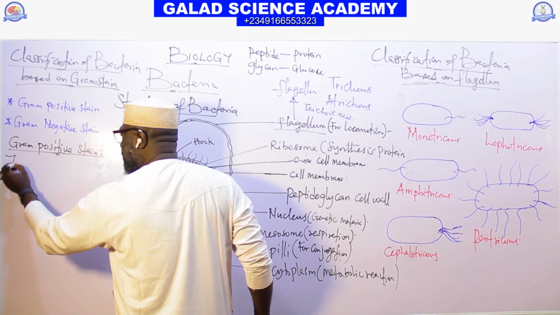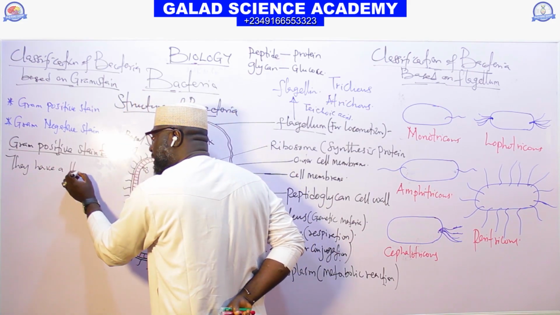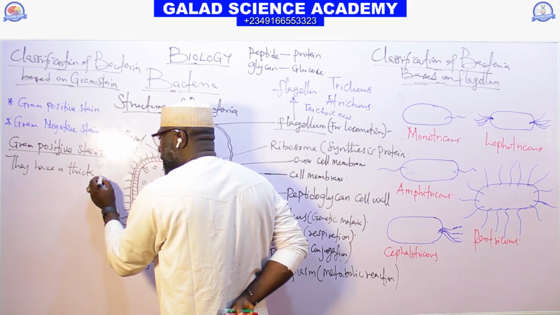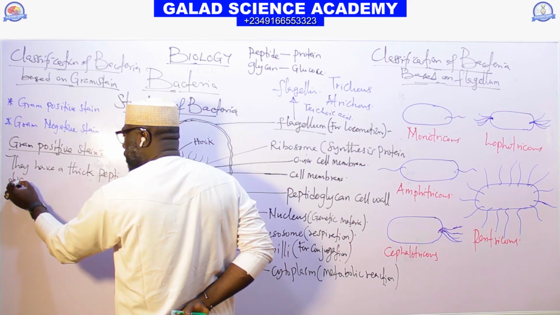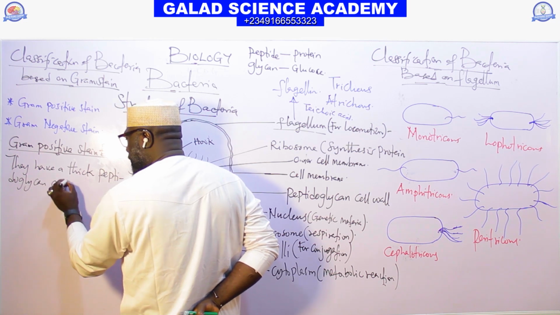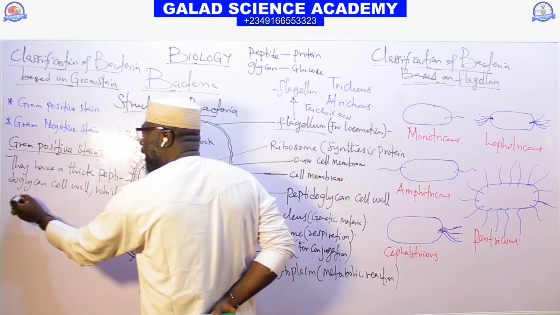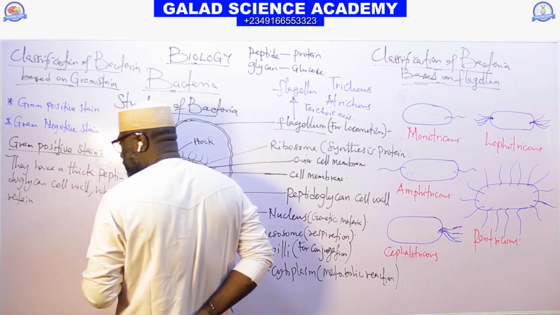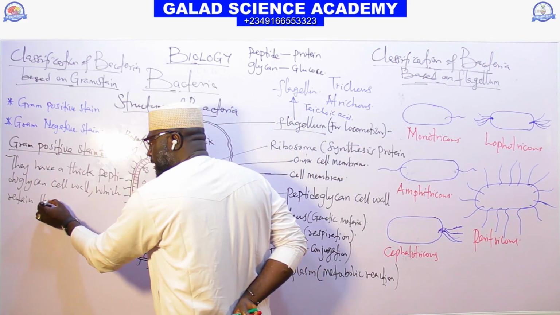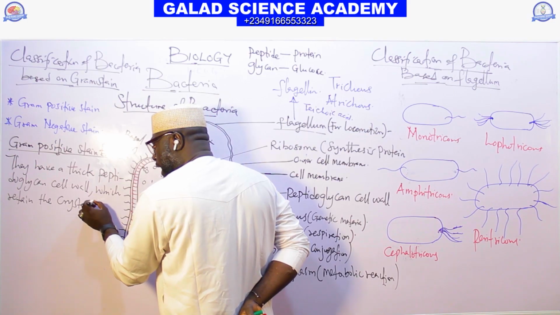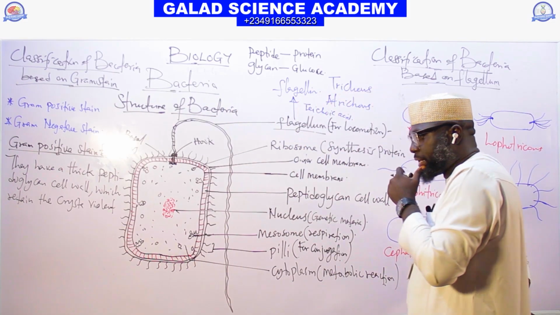They have a thick peptidoglycan cell wall, which retains the crystal violet stain.